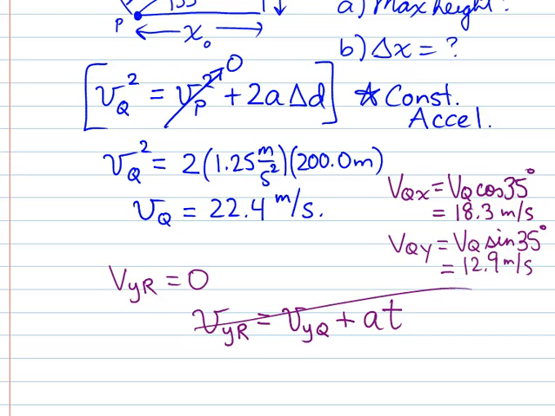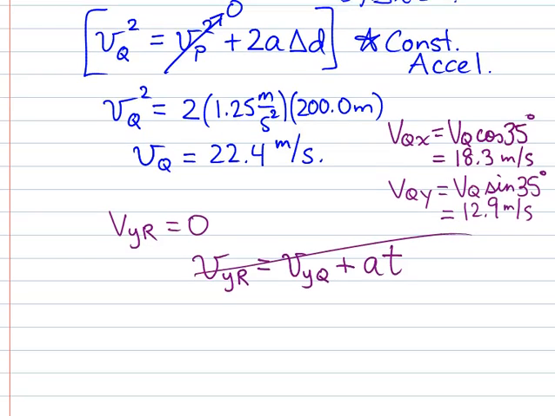So instead of doing that, we're going to use that forgotten equation again, and we'll say VYR squared equals VYQ squared plus 2a delta y. In this case, a is actually gravity.